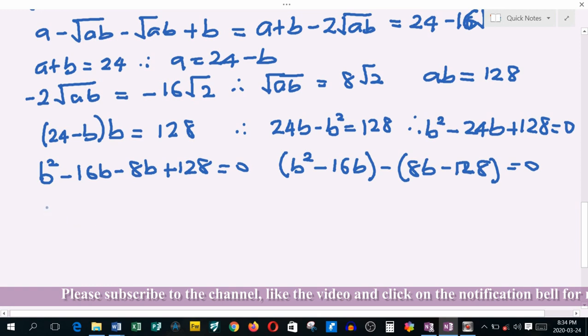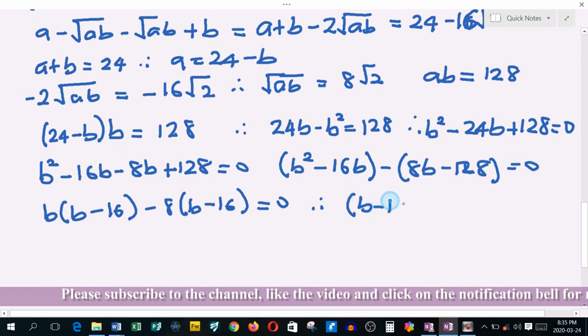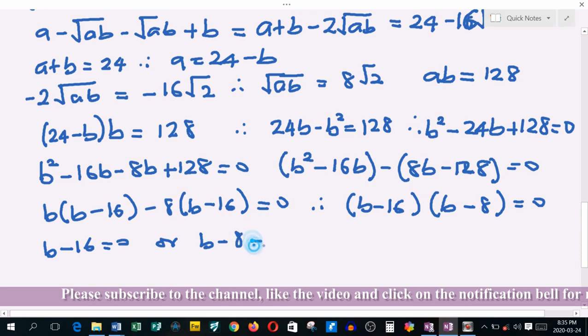So we have b outside, b minus 16, minus 8 outside, b minus 16 will give us 0. So this is b minus 16 into b minus 8 is equal to 0. What this means is that b minus 16 is equal to 0, or b minus 8 is equal to 0. Therefore, b is equal to 16 or 8.